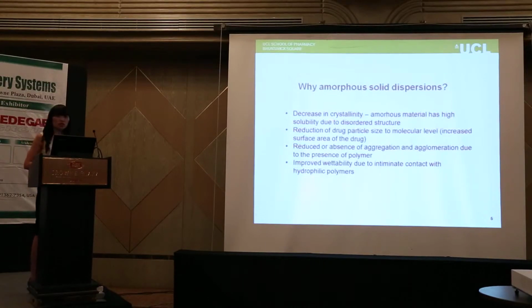Also, as I mentioned earlier, the reduction of particle size contributes a lot, and associated with that is the contact surface area. Because of the presence of the polymer, it can also prevent aggregation between drug molecules within the system. And finally, wettability can be improved as well. In that way, you can improve the solubility.